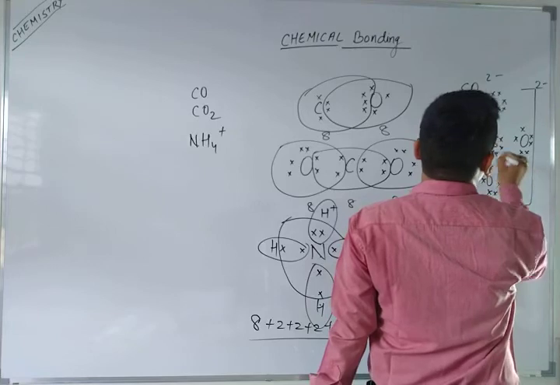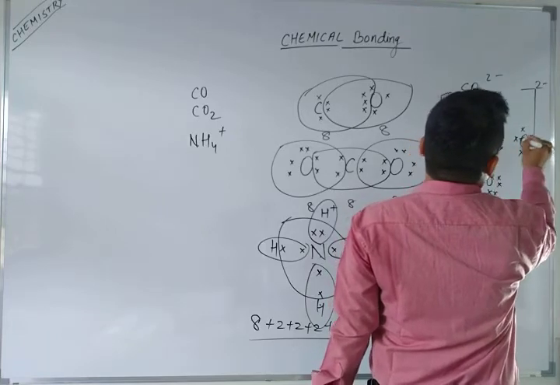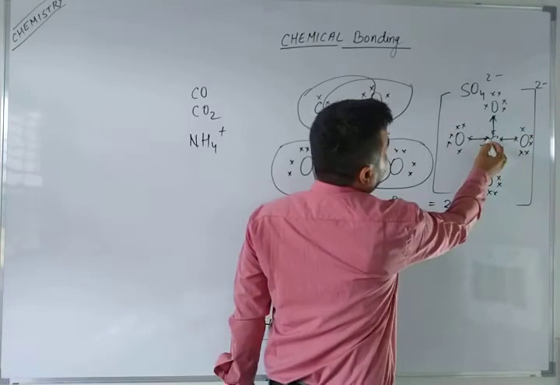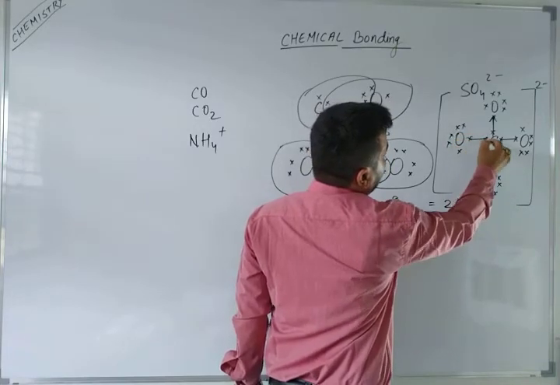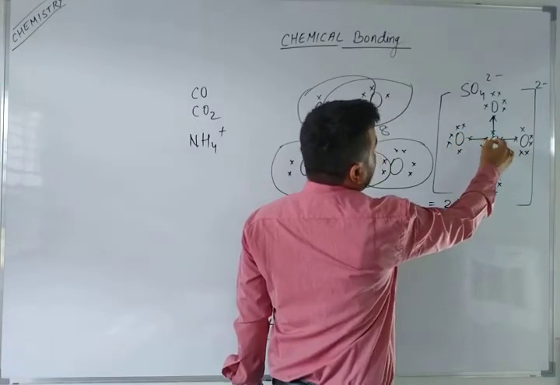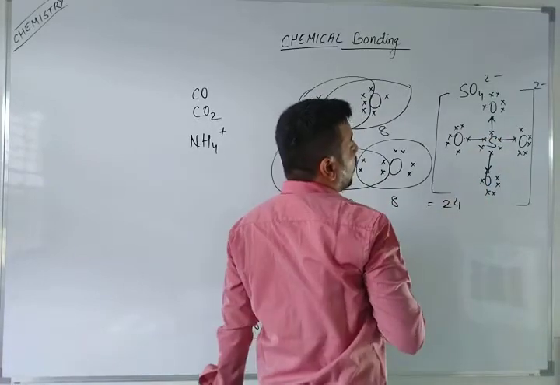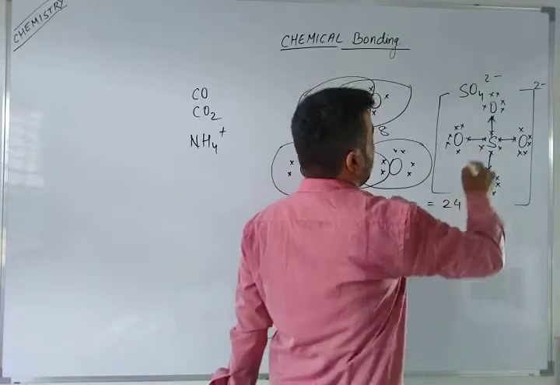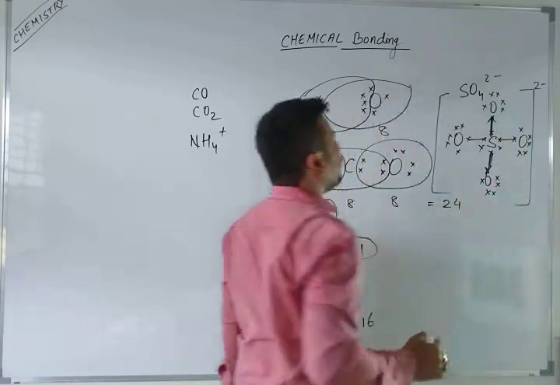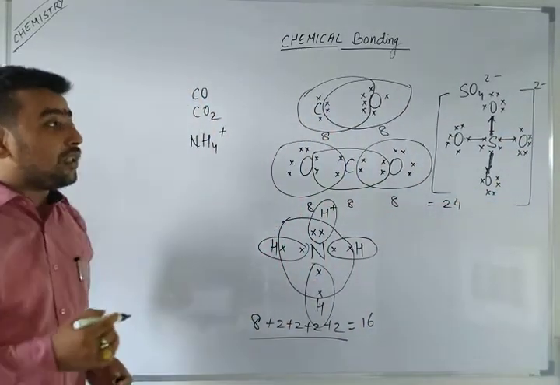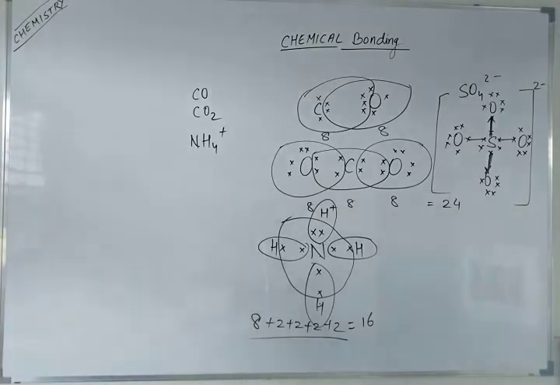What is the meaning of this arrow? Here both the electrons are shared. 1, 2, 3, 4, 5, 6, 5, 6, 7 and 8. So oxygen will occupy 8 electrons. But what is the meaning of this other arrow? Here the arrow means that only half electron is pushed towards the sulfur.